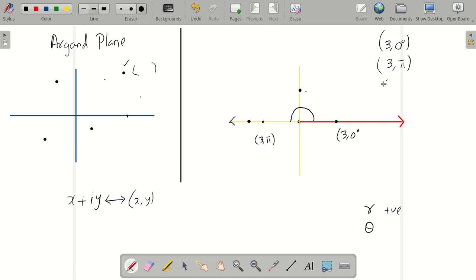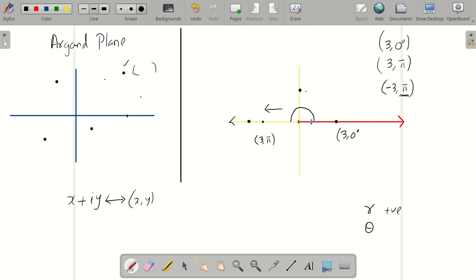Now what about (-3, pi)? Okay, so the angle is 180 degrees. So I turn the same amount, but it is minus 3. If I walk in this direction, it's positive. That means I have to walk in the negative direction corresponding to 180 degrees.